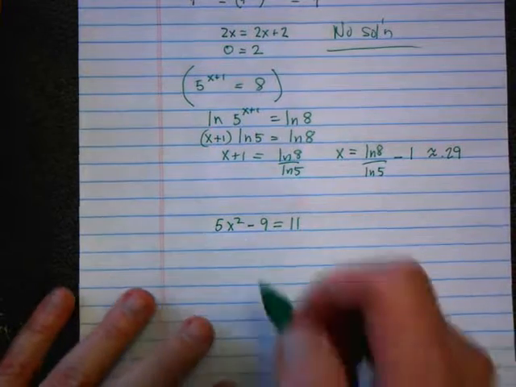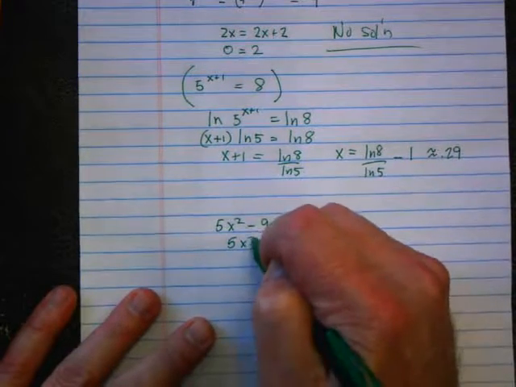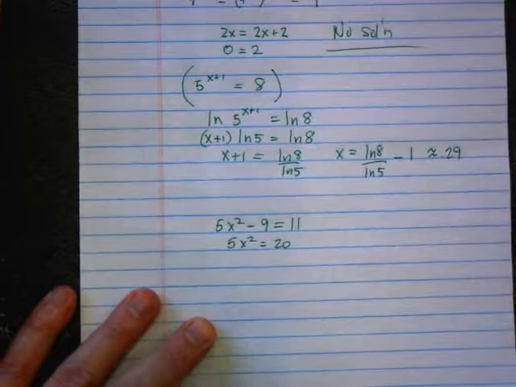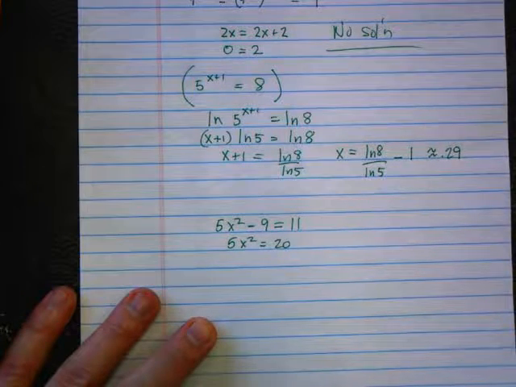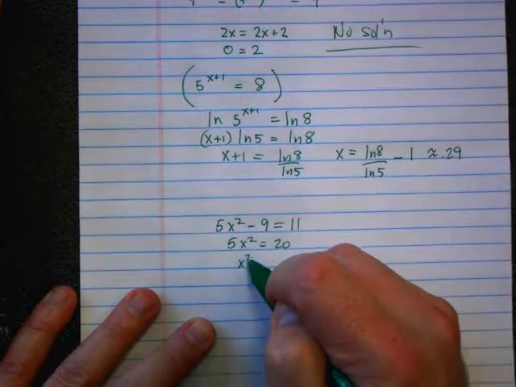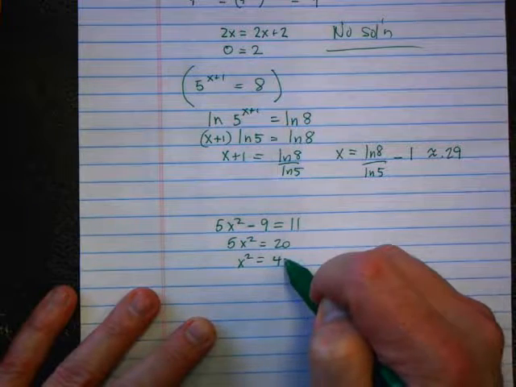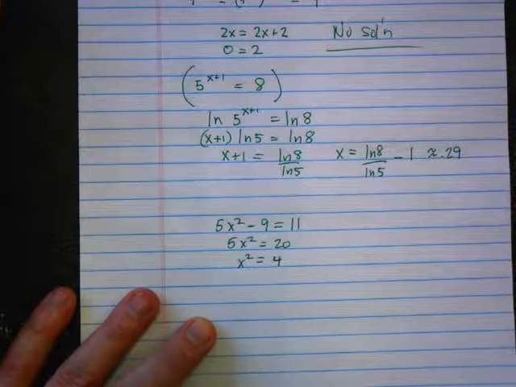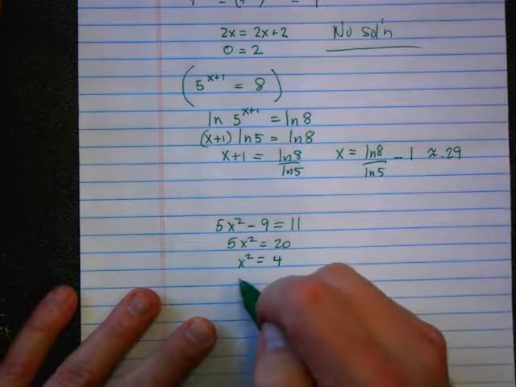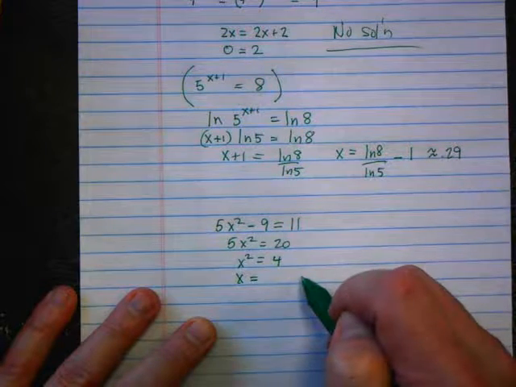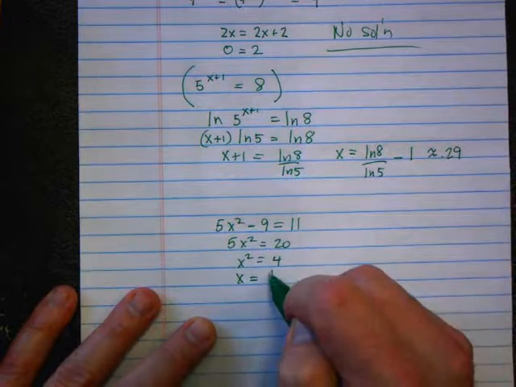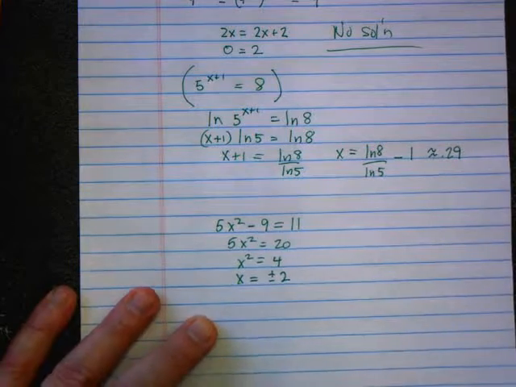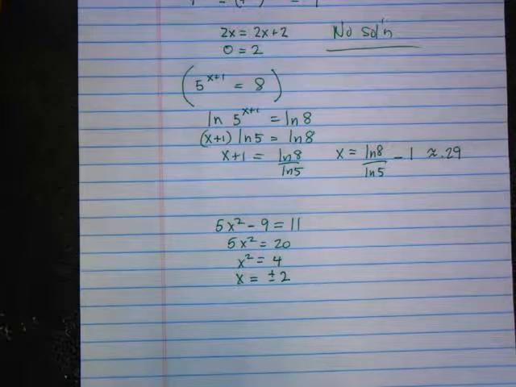Add the 9. 5x squared equals 20. Divide by 5. x squared is 4. And then take the square root. x is plus or minus 2.